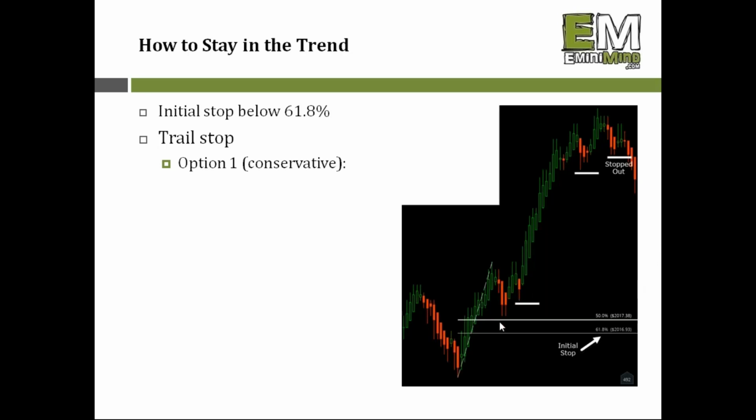The first one's a little more conservative, and it just involves trailing swing lows as the market's rallying. So again, it doesn't matter if you're day trading, looking at daily bars, whatever time frame or market you're looking at.